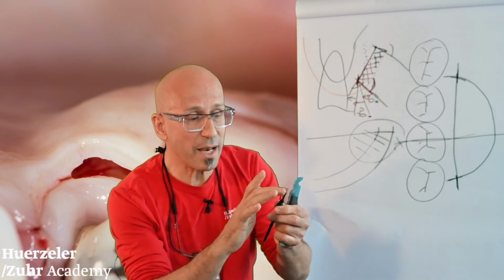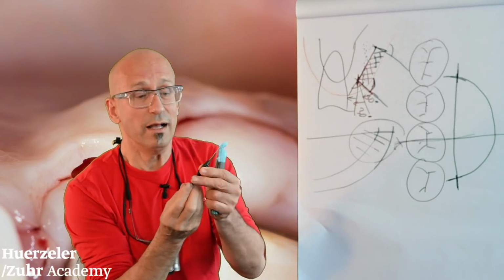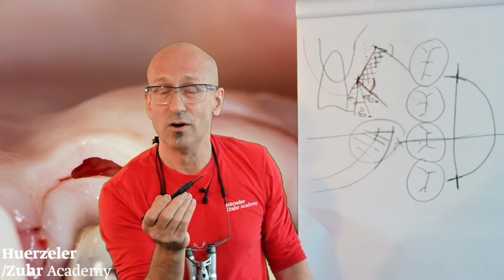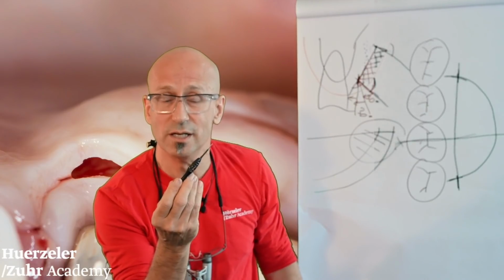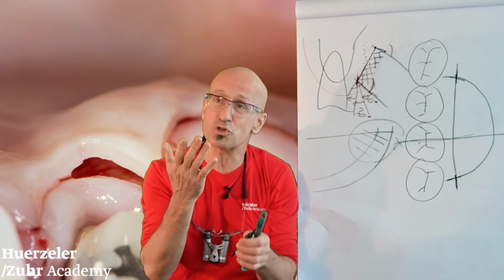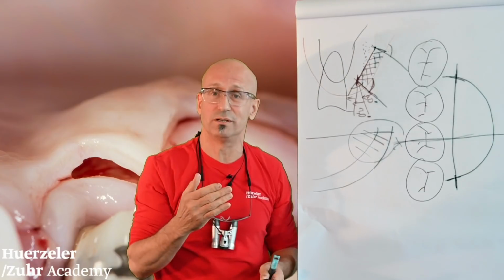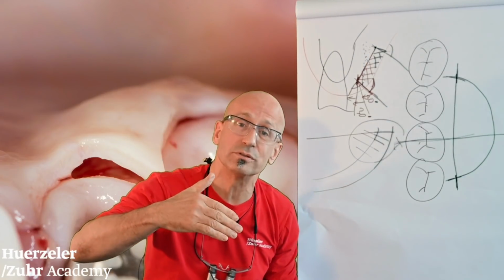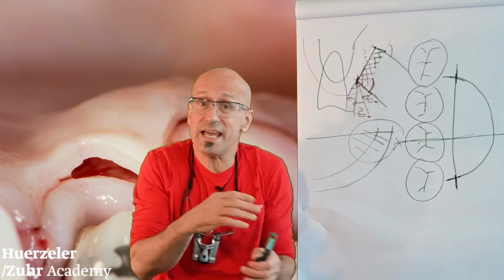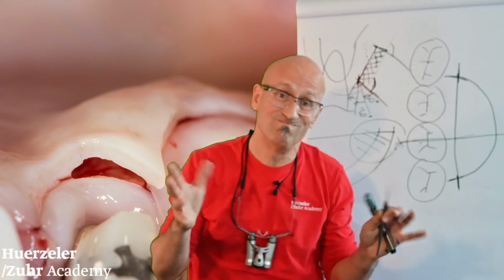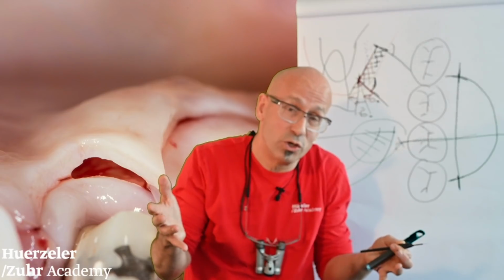So when the flap has a thickness of more than 2 millimeters, the blade is not shining through the tissue. The moment the blade starts to shine a little bit through the tissue, you are at a thickness of 1.5 millimeters. If the blade is shining completely through, you know what's happened. You are too thin.